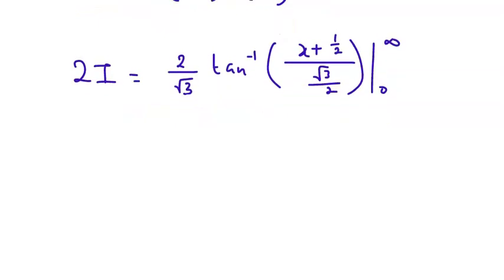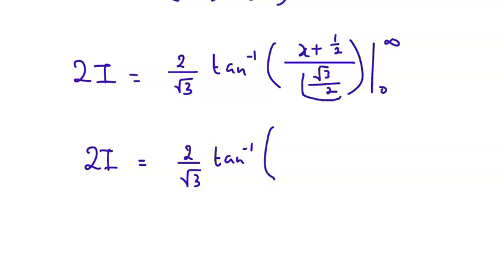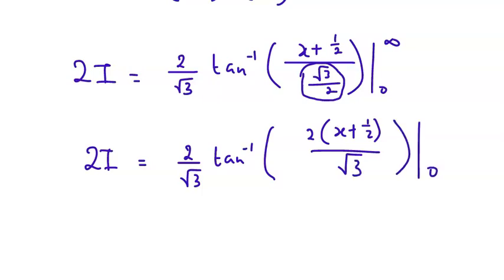We can simplify, right? So we have 2I is equal to 2 divided by root 3. The inverse tangent, remember this fraction here can be flipped, right? So that will be 2 multiplied by x plus 1 over 2, then divided by the square root of 3. We have a limit from 0 to infinity.